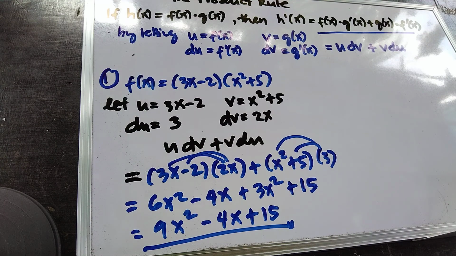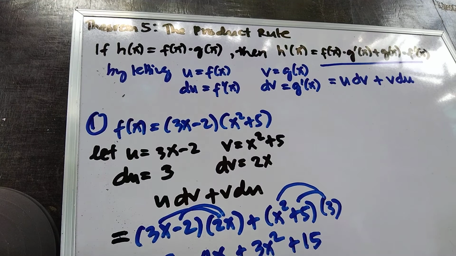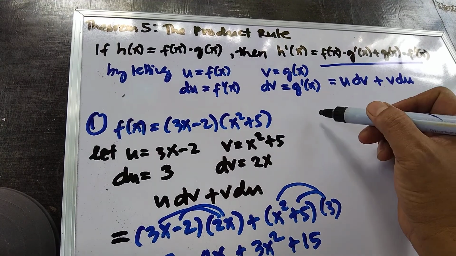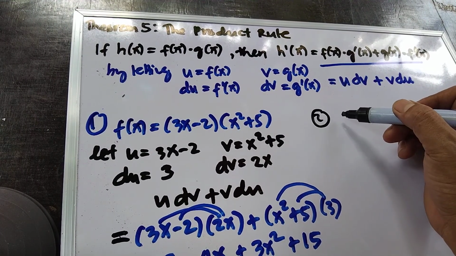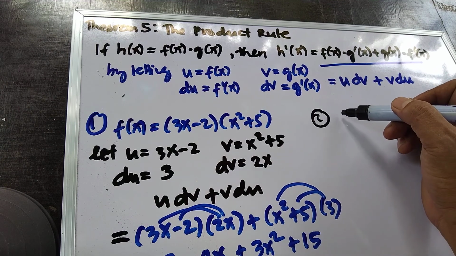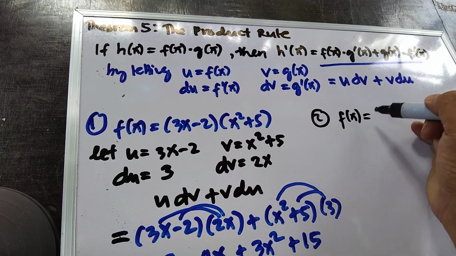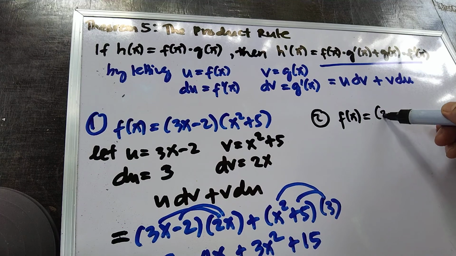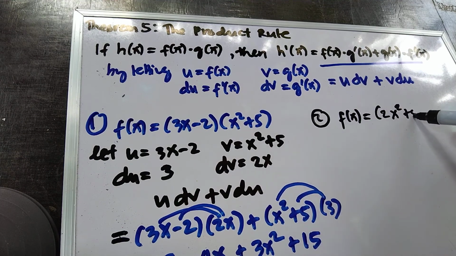Okay. Another example to that, example number 2. Here I have f of x is equal to 2x squared plus 5 times 4x minus 1.